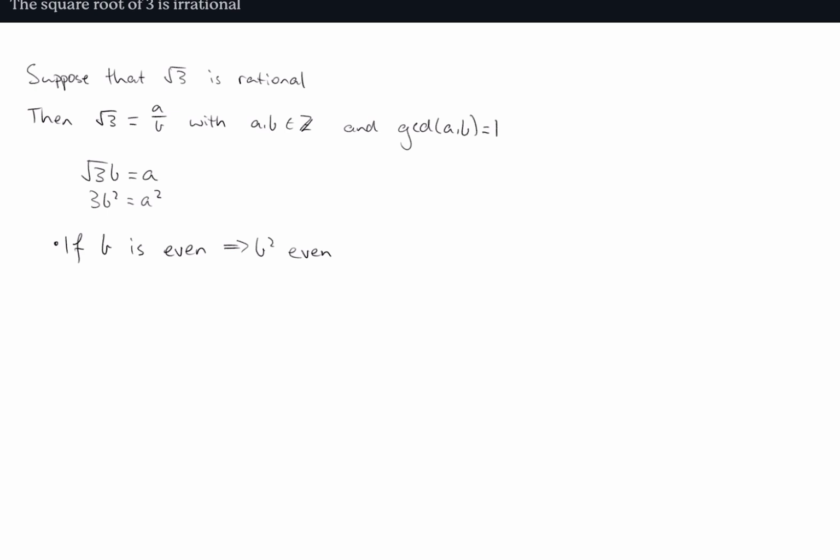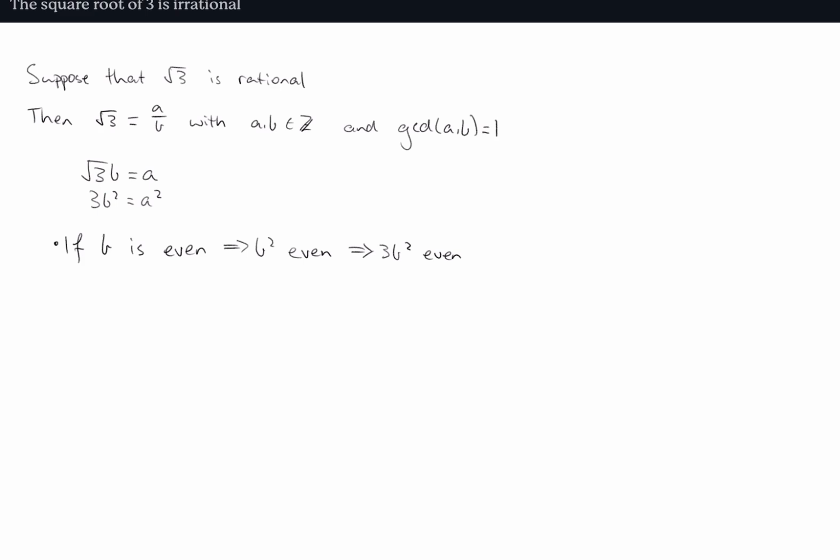Just believe me when I say that the square of b is even if b is even. So this here is even. We could multiply this by 3, and 3b squared is going to be an even value as well. As an example, b is 2, the square of 2 is 4, and then multiplying 4 by 3, you get 12. They're all even values. That's just one case, but it works in general.